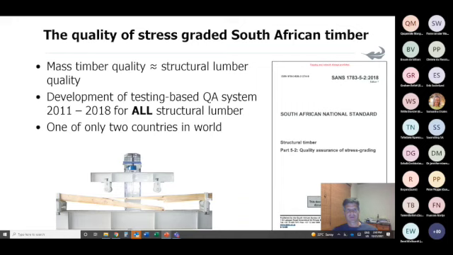The quality of mass timber products is to a large extent dependent on the quality of the structural lumber from which it was manufactured. In 2011, a project was started to develop a quality assurance system for all lumber graders in South Africa. The sawmilling industry was represented by Sawmilling SA. They were involved in that.